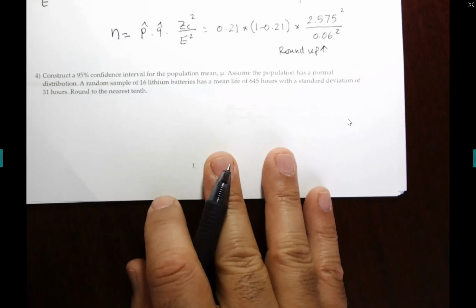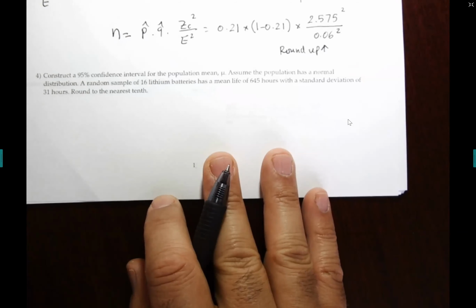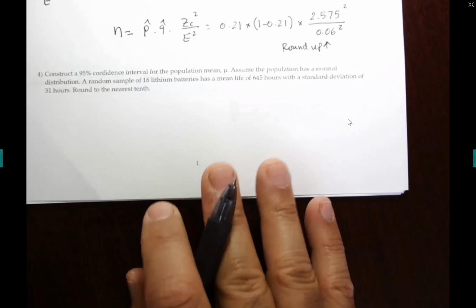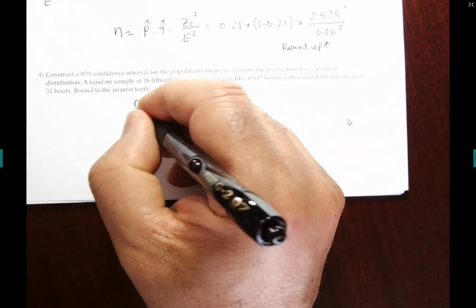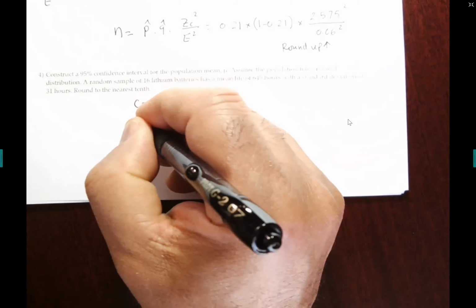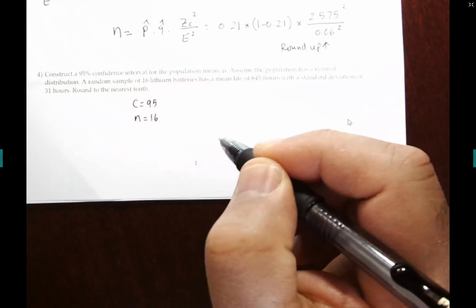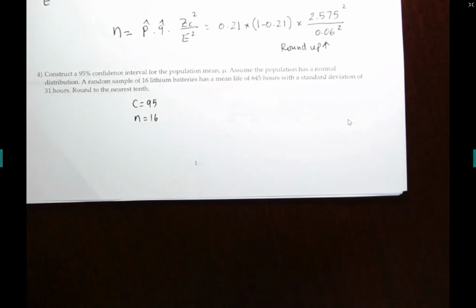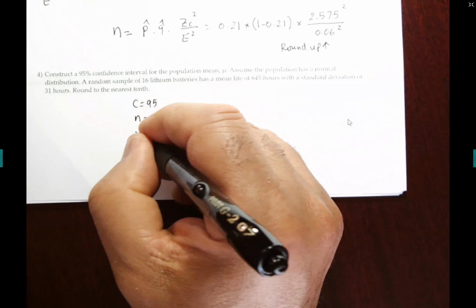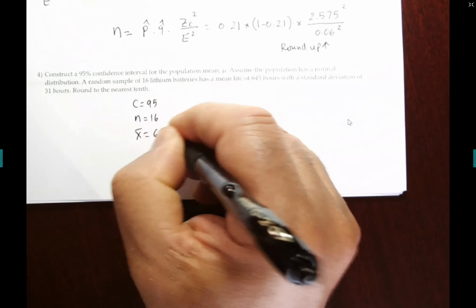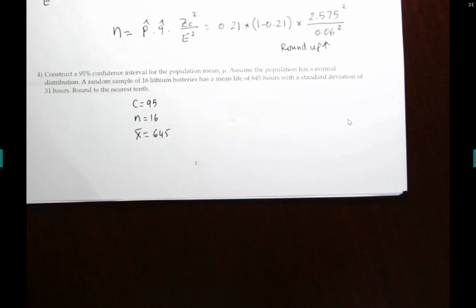Number 4, construct a 95% confidence interval for the population mean. Assume that the population has a normal distribution. A random sample, so C is 95. N is 16. A random sample of 16 lithium batteries has a mean life, X bar, of 645 and a standard deviation of 31.